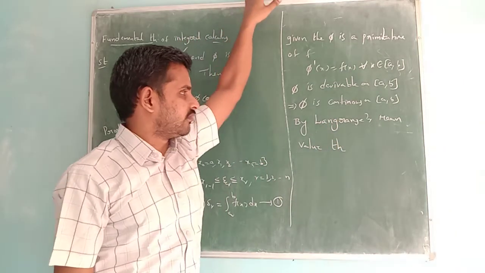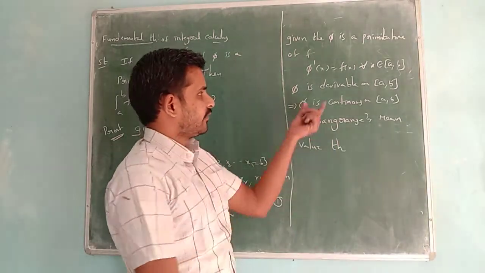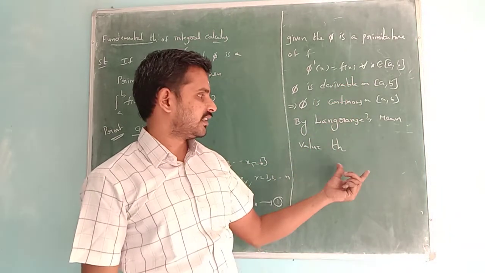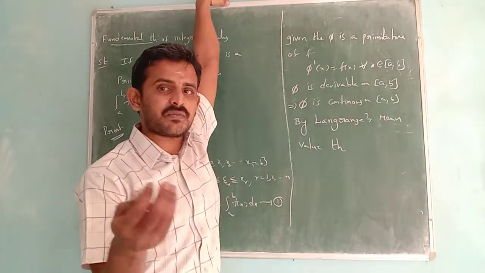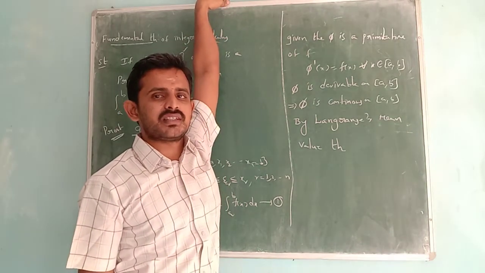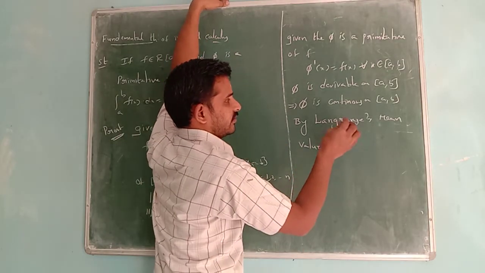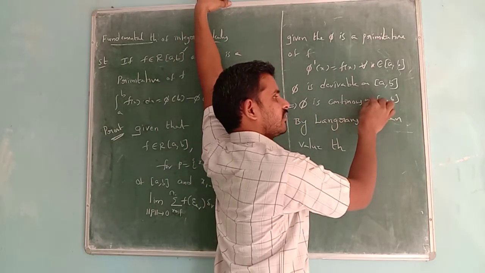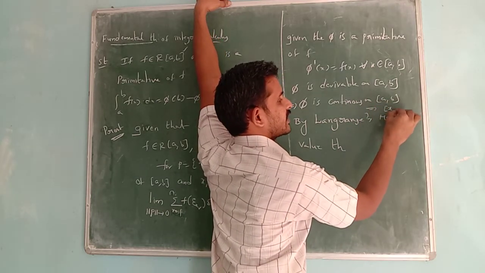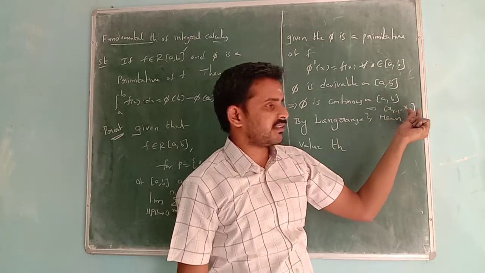what this theorem says is that if phi is derivable and phi is continuous, then (phi(b) minus phi(a)) by (b minus a) equals phi dash of xi. In this, we can write that phi is continuous on closed [a, b], which implies continuous on closed [x_{r-1}, x_r].